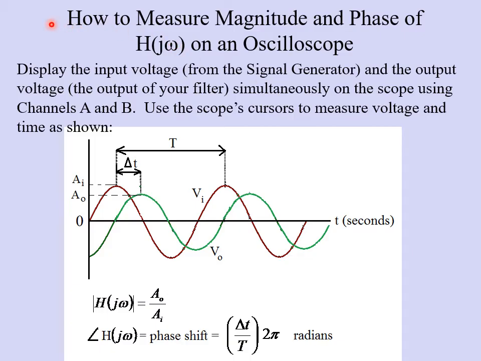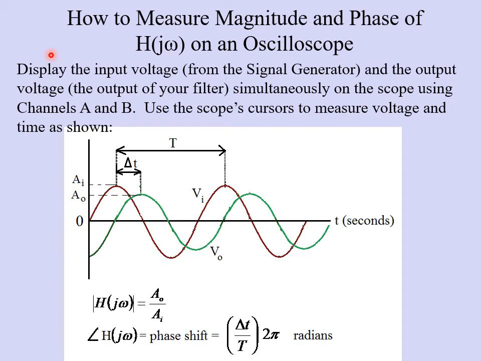I won't go through details here because I'm assuming that you already have the skill set to find the magnitude and phase of the frequency response on an oscilloscope. But basically, remember, the frequency response is the output voltage divided by the input voltage.